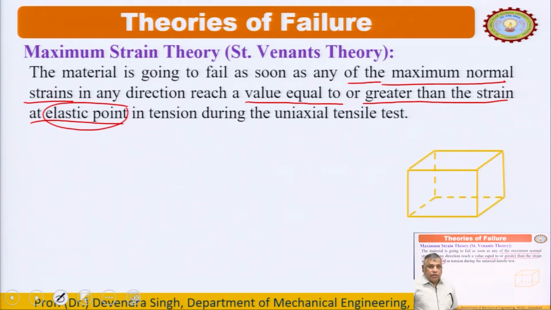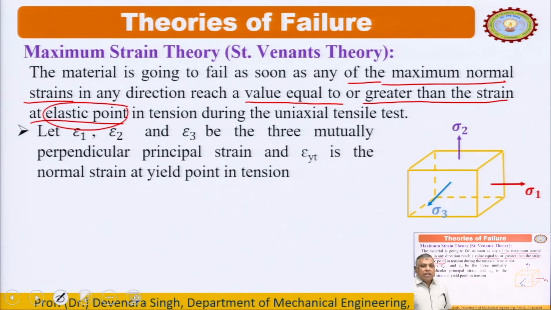So, suppose this is the loading condition in which sigma 1, sigma 2, sigma 3 are the three mutually perpendicular principal stresses. Now, if epsilon 1, epsilon 2, epsilon 3 be the three mutually perpendicular principal strains and epsilon yt is the strain at the yield point in the material when it is subjected to the tensile test.